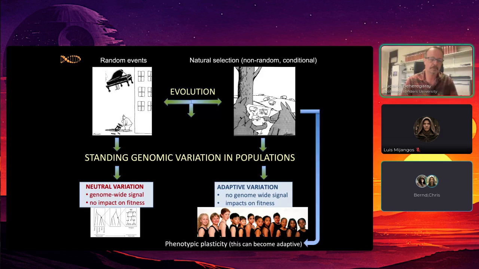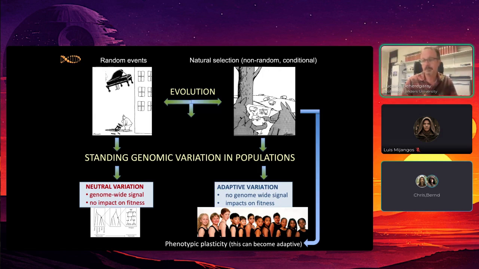Something else that goes into this loop here is phenotypic plasticity, which is a way for populations to provide a short-term response to environmental variation. Usually this comes with variation in gene expression, for instance.